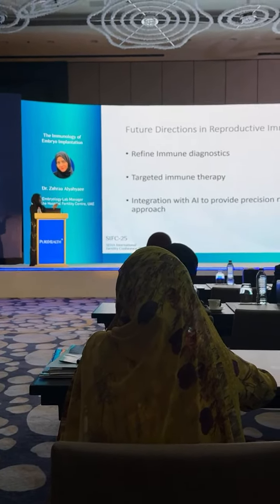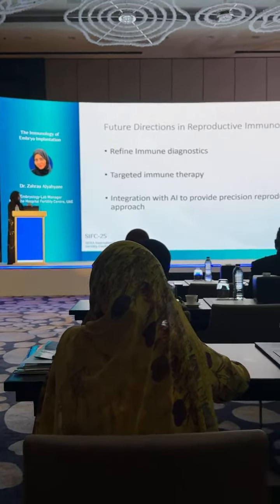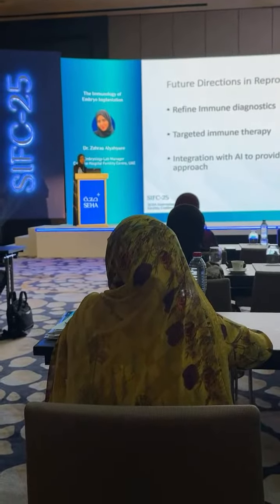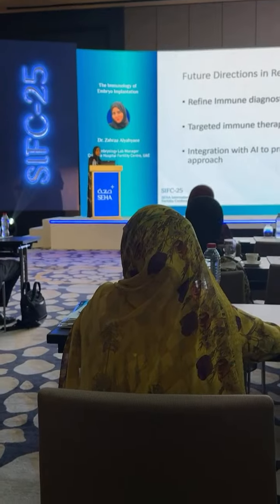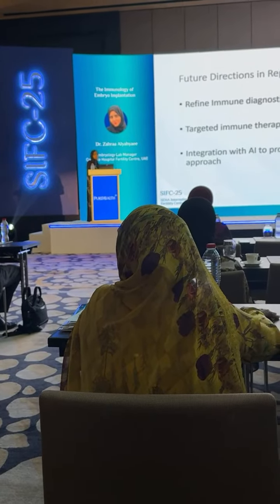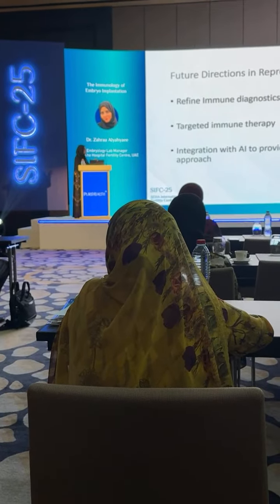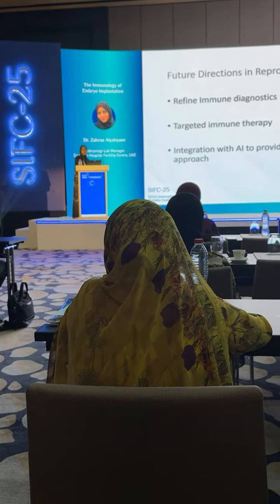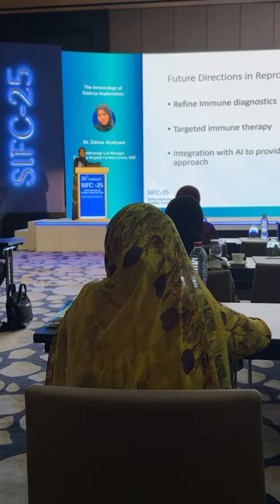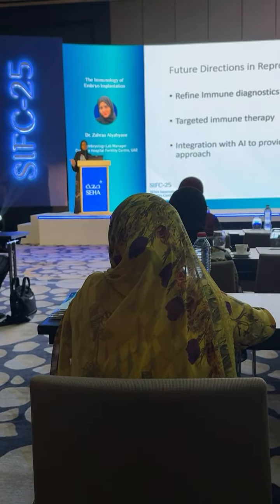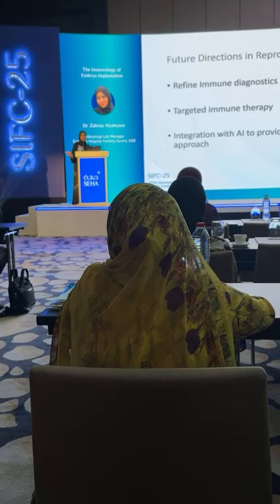And finally, the studies that are coming up can integrate with AI to produce models to provide a precision reproductive medicine approach that will combine immune factors, gene expression, and genetics from the embryo to model the treatment and to say, yes, this cycle, the endometrium is receptive, immunologically and hormonally it is ready.